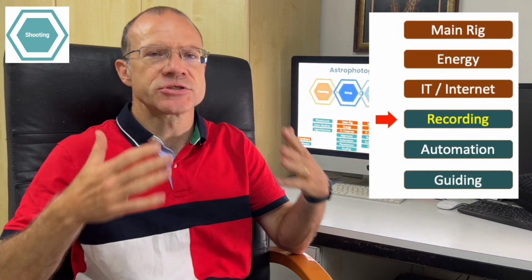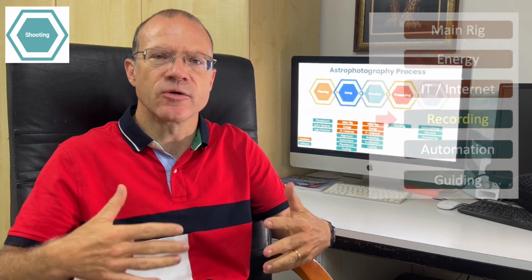Because in principle, if everything is set up, all it means is pushing a button and the whole thing will be done in an automated way. But obviously, as stated at the beginning, if you do not use an automation software, you can just do the recording, the shooting with a dedicated software which just takes the exposures.